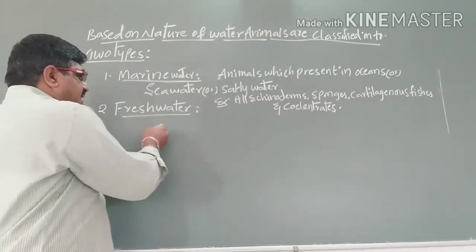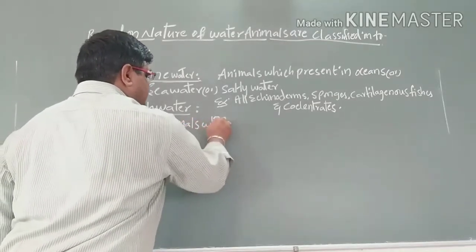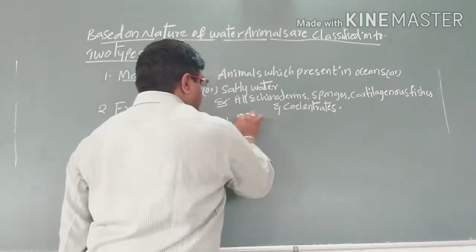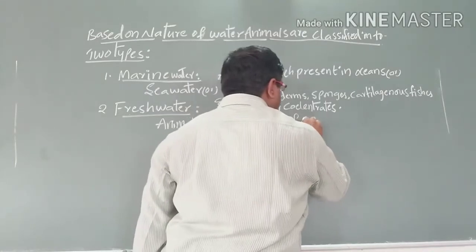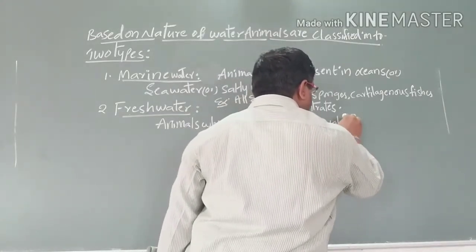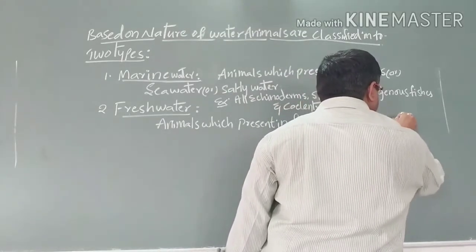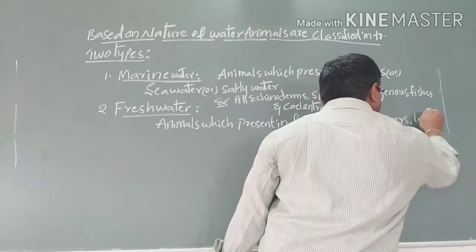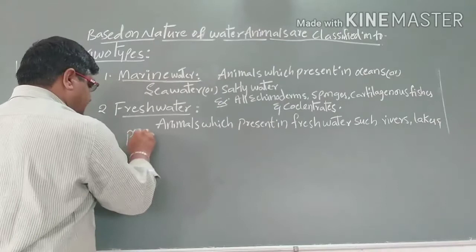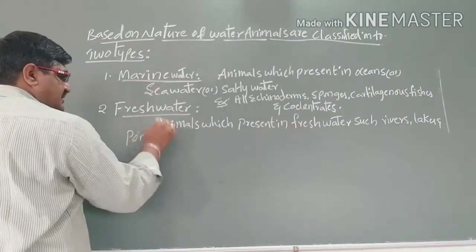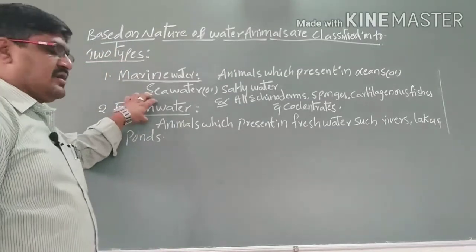Next, freshwater animals. The animals which are present in freshwater, such as rivers, lakes and ponds, are called freshwater animals.